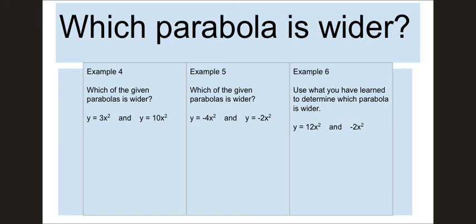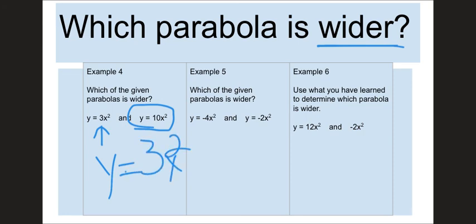So really you just need to look to find the larger of the numbers so that we can tell which one is narrower. Now the question isn't asking which one is narrower, it's looking at which one is wider. So the larger number is narrower, 10 is narrower, which means that this is the wider parabola, y equals 3x squared.